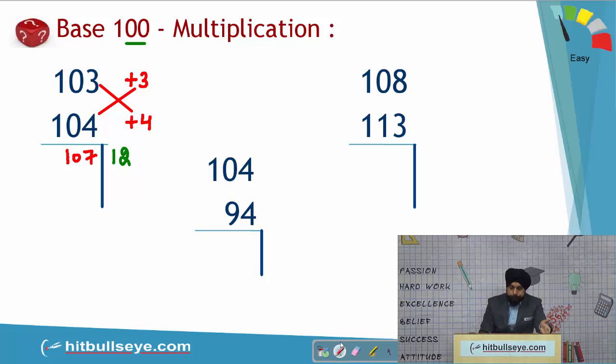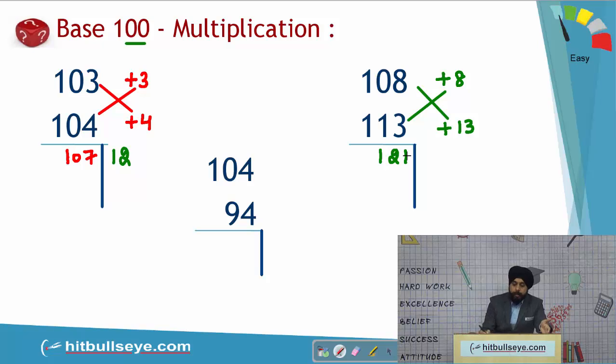Moving on, students. 108, 113. This you can call as +8. This you can call as +13. Now 108 plus 13 or 113 plus 8 gives us 121. Now students, you have to be careful here. How much is 13 into 8?